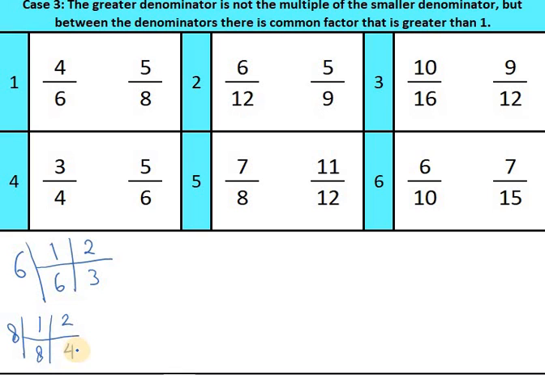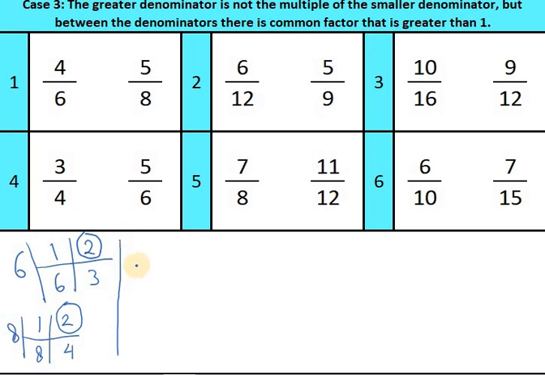We do not need to find the factors again. I hope you see this. Looking at the common factors, we have 1 and 2, but 2 is the greatest common factor between 6 and 8. So we will use 2 as the common factor.